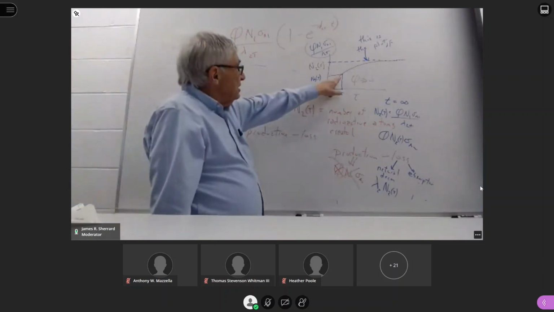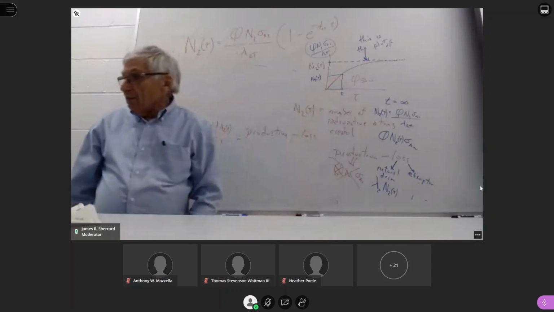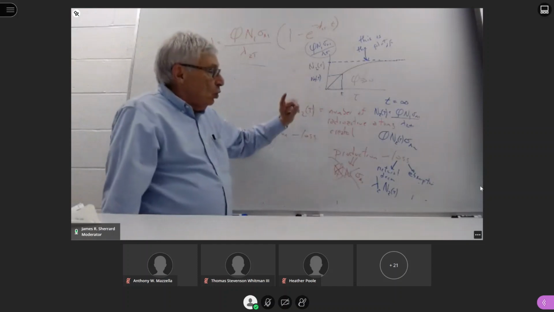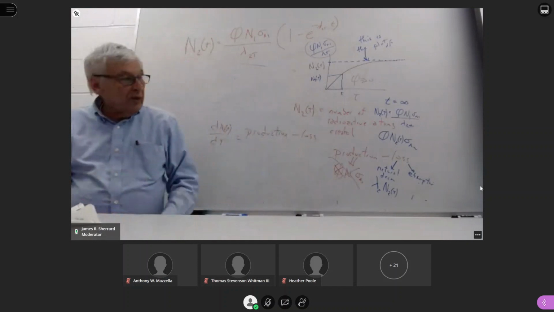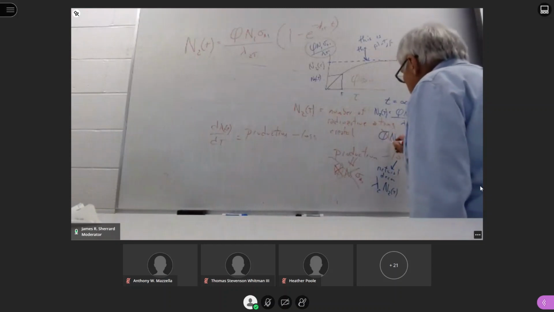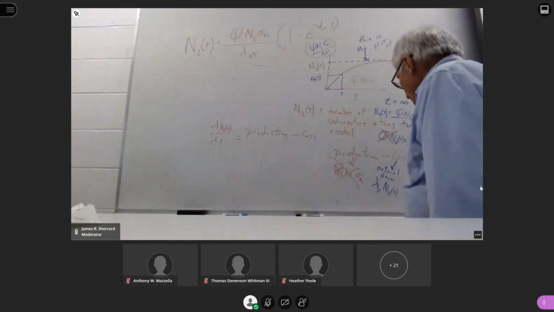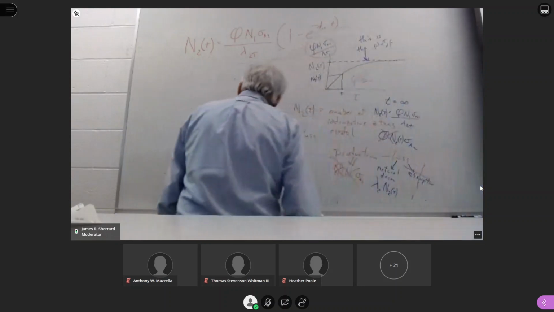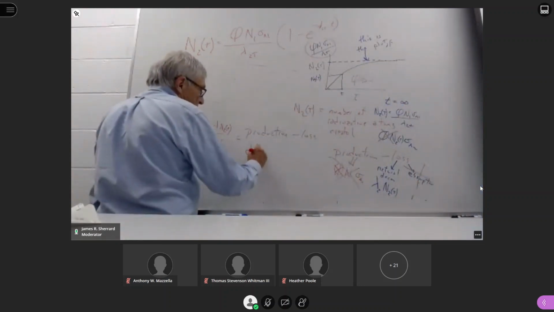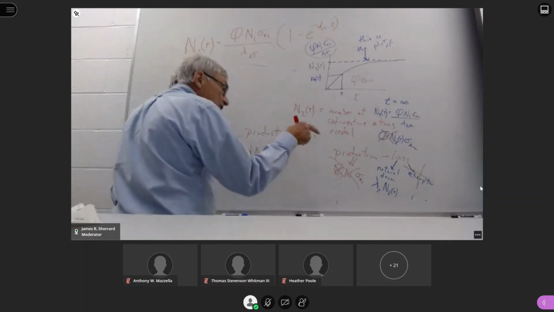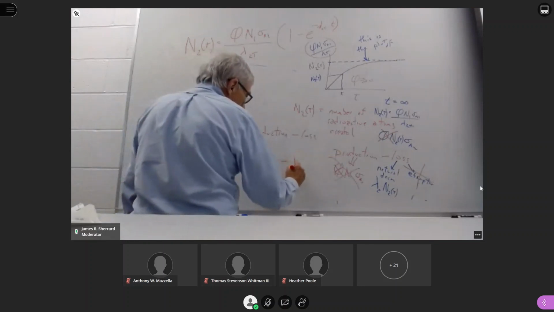Absolutely, because these atoms of N2 are radioactive. Are these atoms of N2 absorbing any neutrons? And the answer to that is no, because this flux has gone to zero. So this absorption term is lost. So the rate of change of N2 with respect to time is only this one loss.